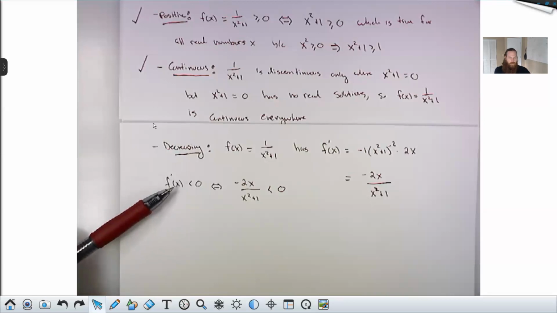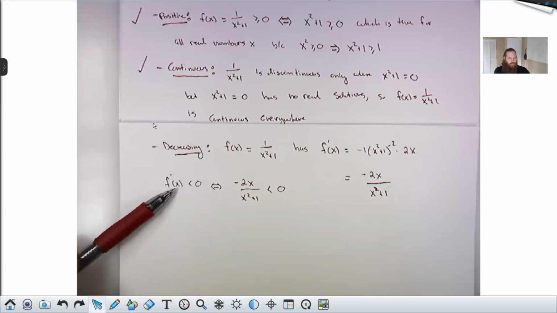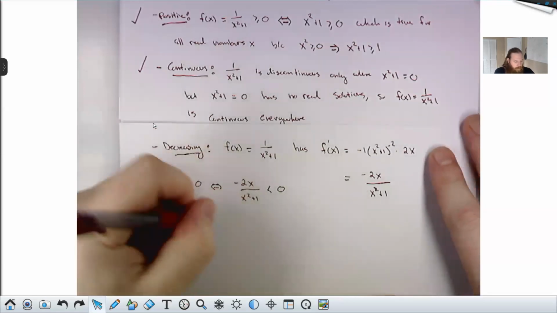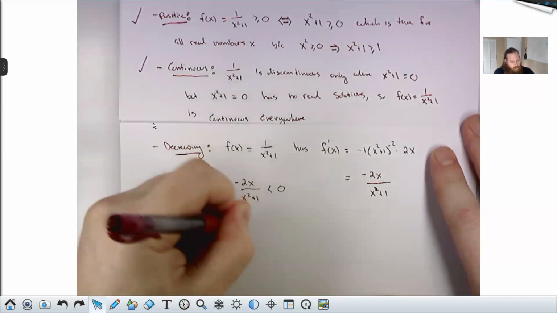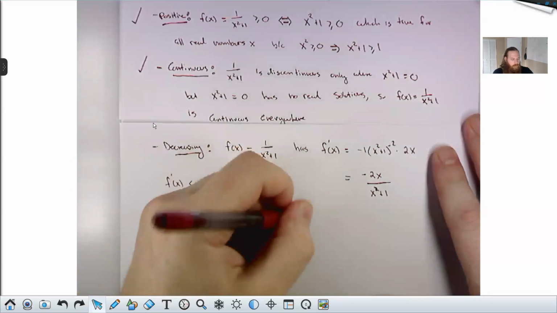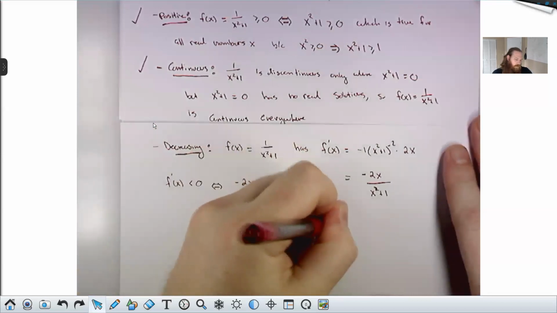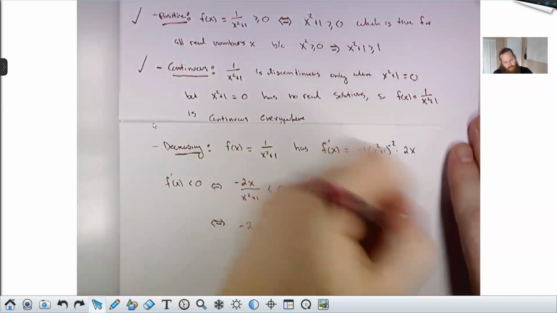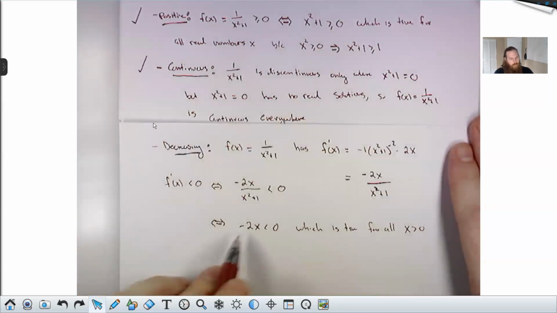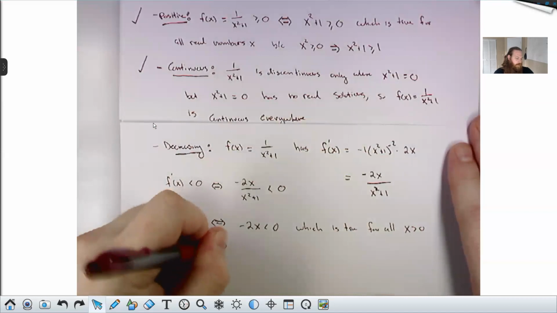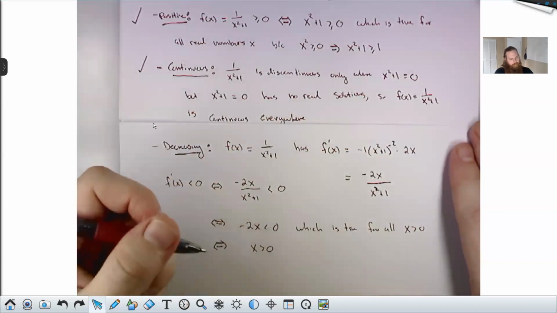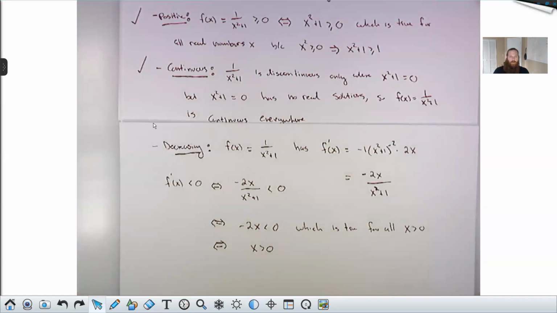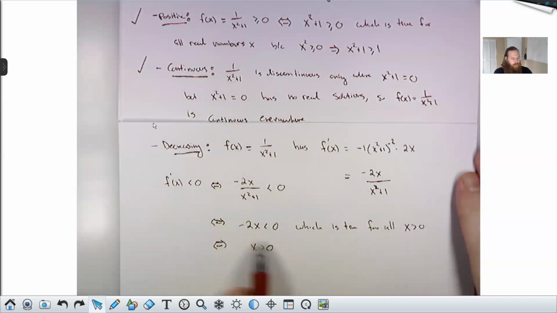And because x squared plus 1 is positive, this is true if and only if negative 2x is less than 0, which is true for all x greater than 0. Divide both sides by negative 2, and you get x is greater than 0. So yes, this function is decreasing on the interval 0 to infinity, because that set, x greater than 0, is the interval 0 to infinity.